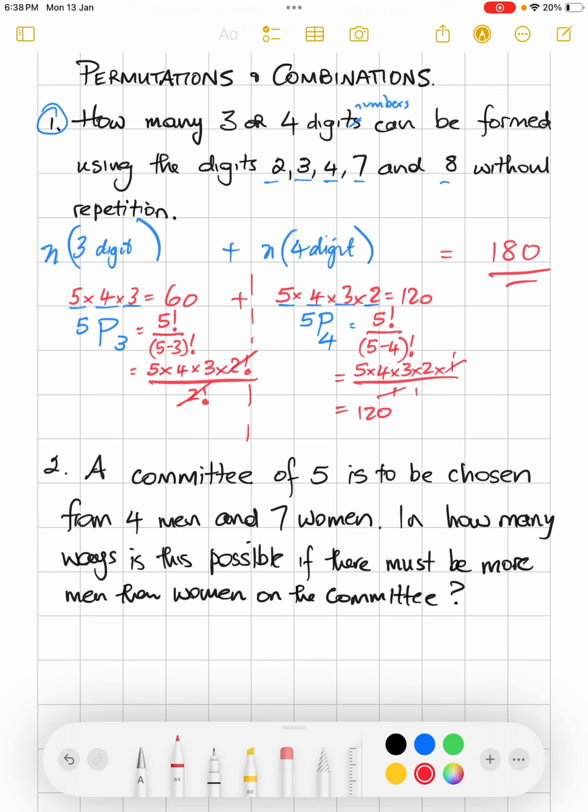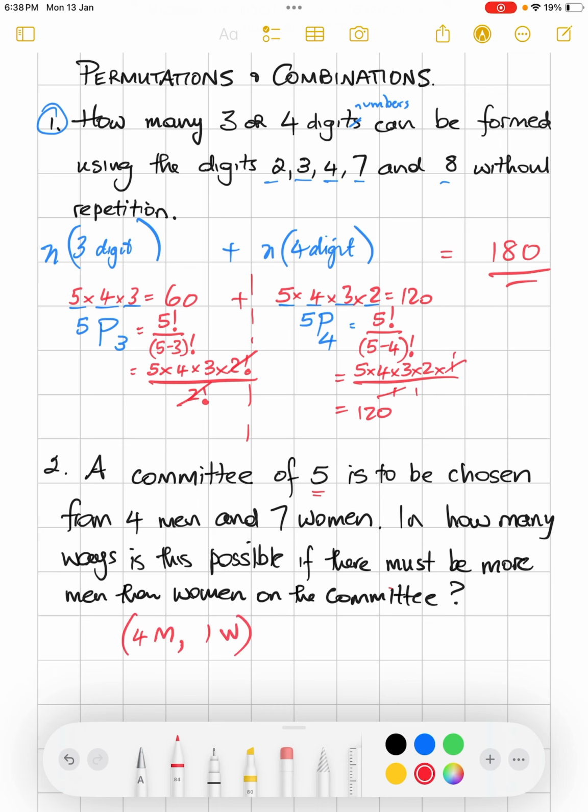Question 2 says a committee of 5 is to be chosen from 5 men and 7 women. How many ways is this possible if there must be more men than women? But anyway, let's see. This is the criteria, so let's go with it. We can't have a team of 5 out of 4 men. So we can have 4 men and 1 woman.